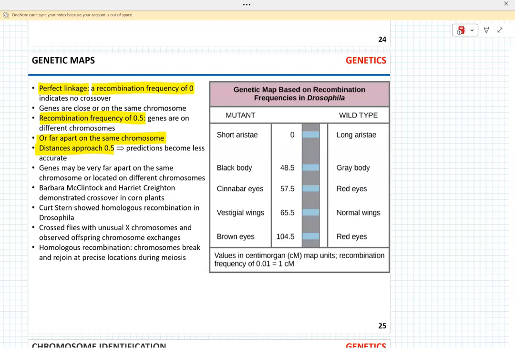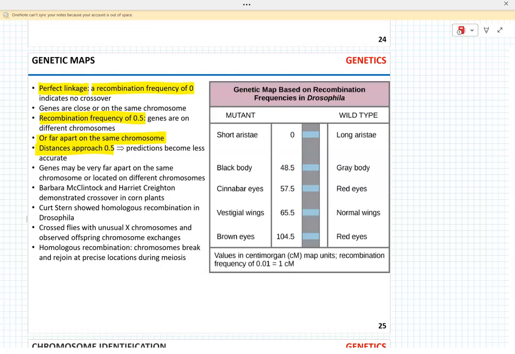These genes can be far apart on the same chromosome. Or maybe our statistics aren't that precise, so we can't tell apart whether the genes are on the same chromosome and recombine super frequently, or they are on different chromosomes.